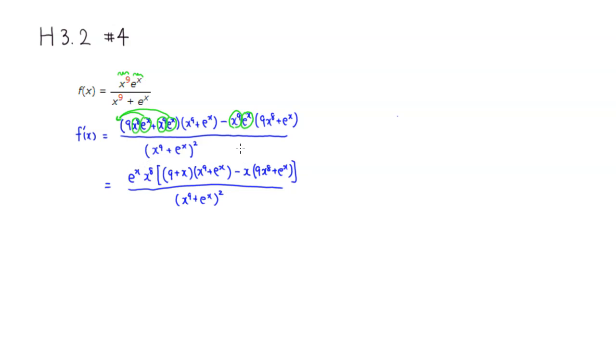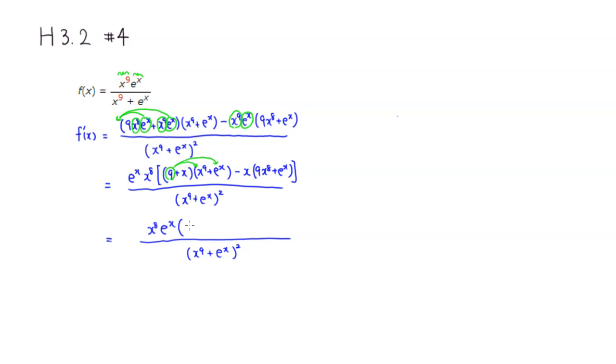Then we just have to clean up the rest of it here. The denominator stays the same, so x to the 9th plus e to the x, squared. I like having x to the 8th in front of e to the x, so I'm going to put that there, then e to the x. Here I'm just distributing: distribute 9 to x to the 9th and e to the x.